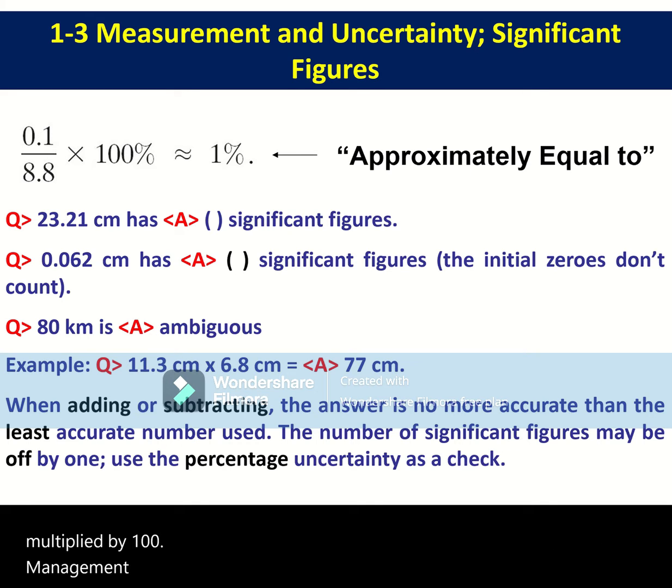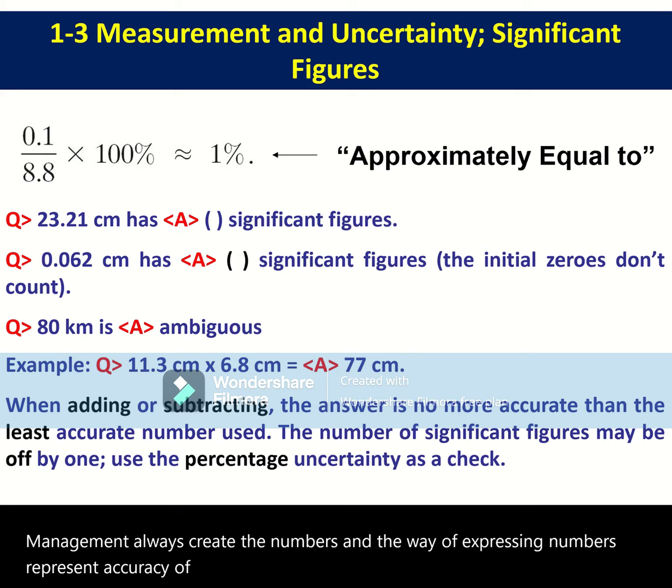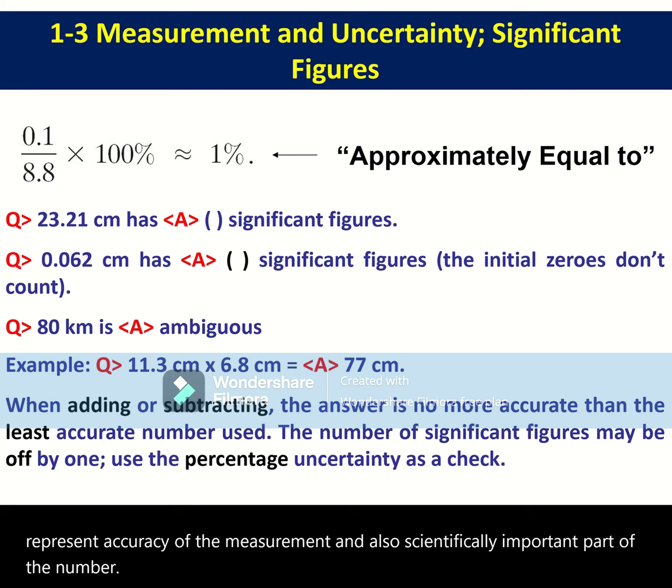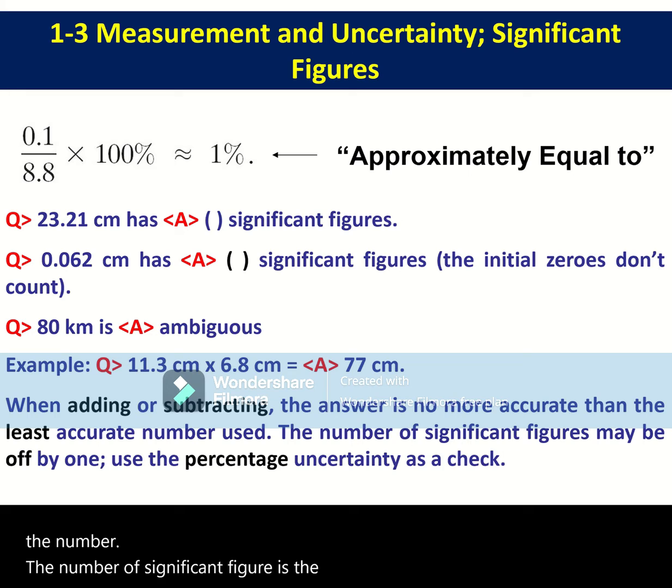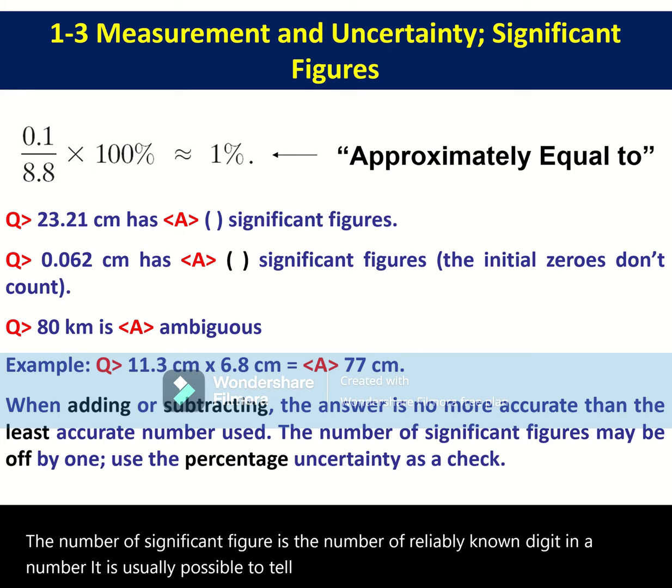Measurement always creates numbers, and the way of expressing numbers represents the accuracy of the measurement and is also a scientifically important part of the number. The number of significant figures is the number of reliably known digits in a number. It is usually possible to tell the number of significant figures by the way the number is written.